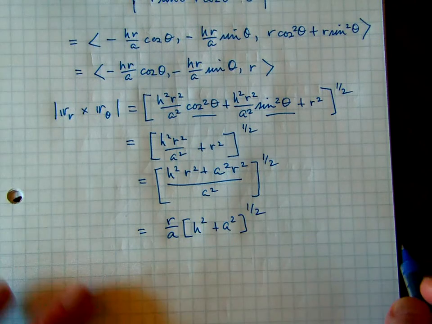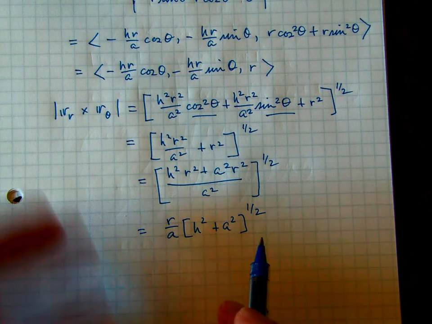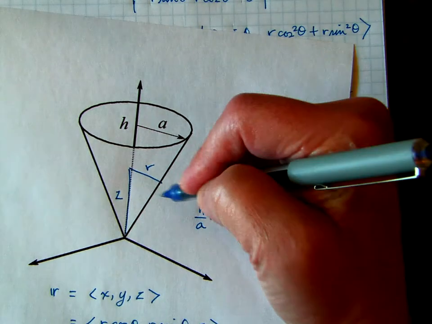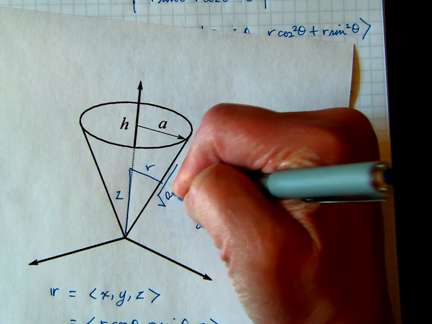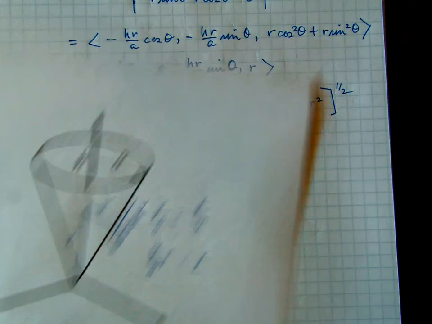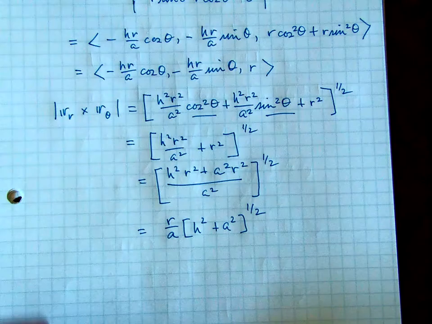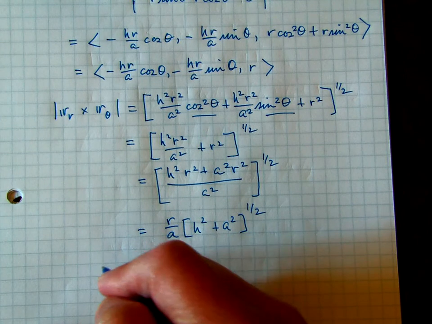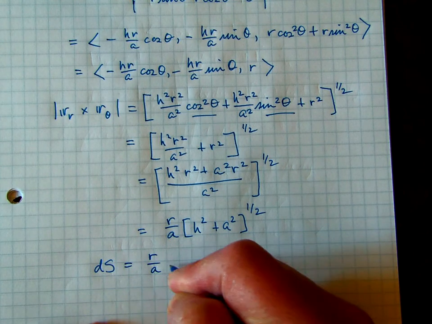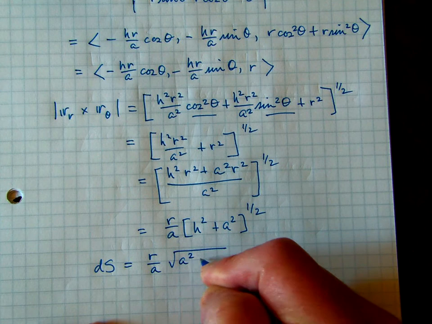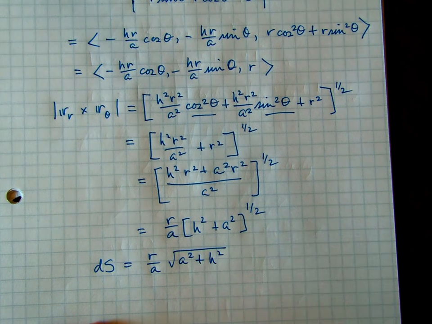Now you know what this is. If you go back to our cone, a squared plus h squared under the root is just the diagonal length, the slant height, and it's a constant. We just found out that ds for the cone is r over a times the square root of a squared plus h squared.